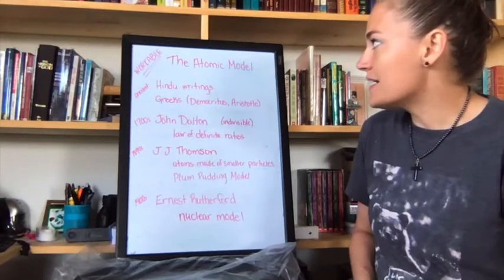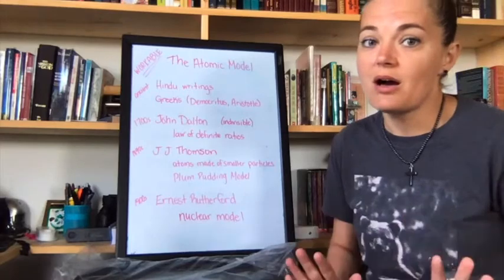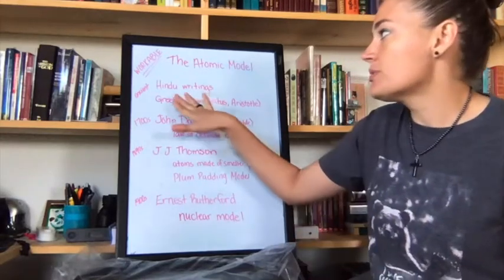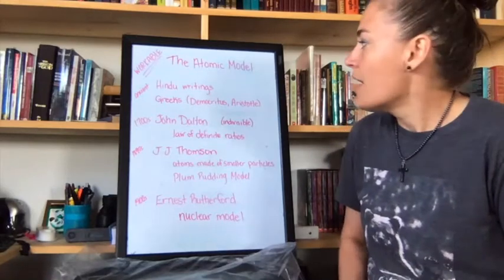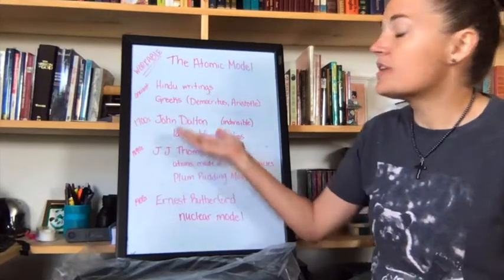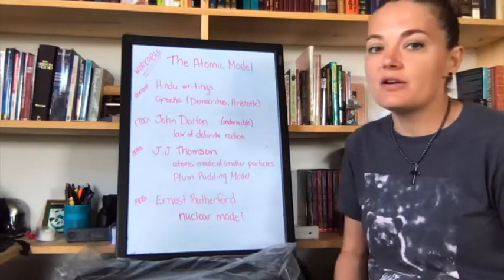So we find the idea of the atom being a tiny particle that makes up things in the world, dating all the way back to Hindu writings 2,000 years ago or more. We also find that the Greeks later were developing this theory and this understanding of an atom.